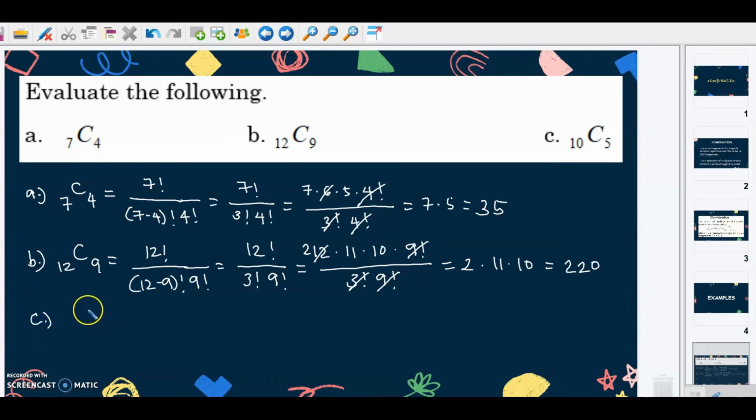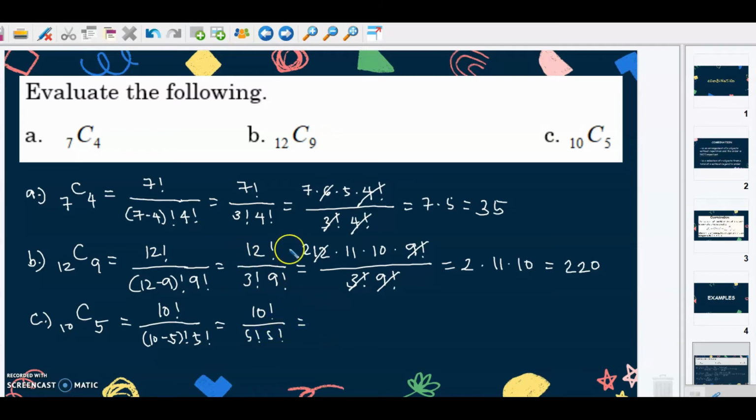So we are given the combination of 10 taken 5. So the value of this is equal to 10 factorial over the quantity 10 minus 5 factorial, 5 factorial. This is equal to 10 factorial over 5 factorial, 5 factorial.